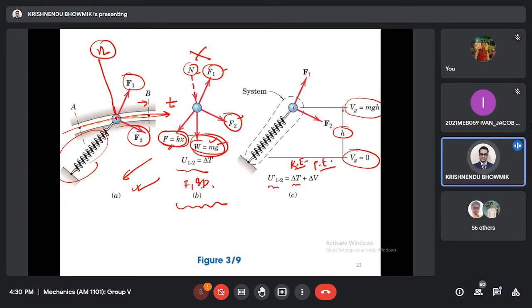You don't need to bother about the values of F1, F2, spring force, mg, nothing. You just calculate the current scenario: this h is the height, so mgh is the potential energy gained from the initial to the new condition, and if the velocities v1 and v2 are known, you can get the change in kinetic energy. This could be a simple method to solve.